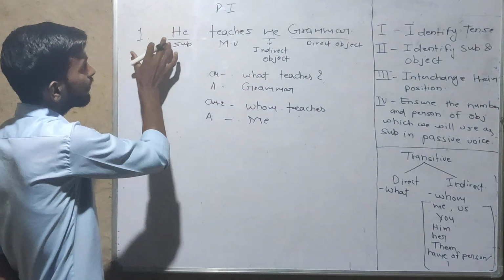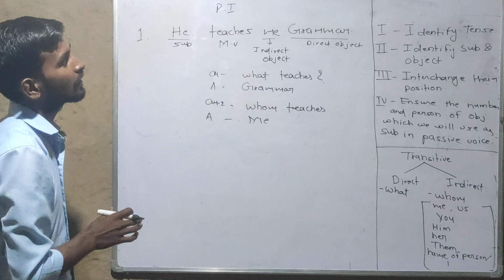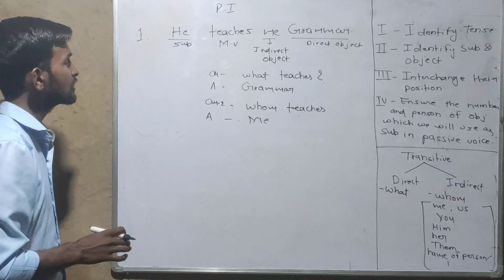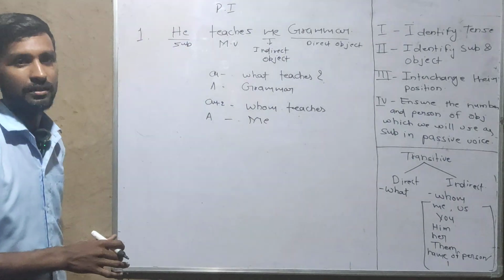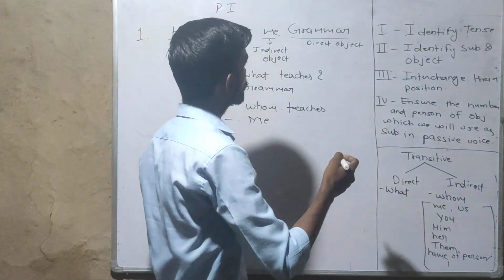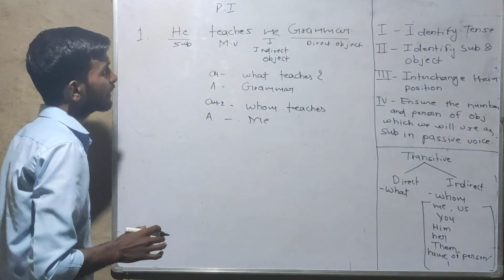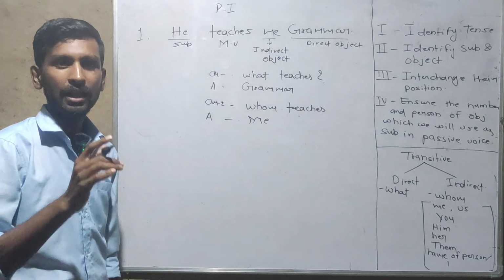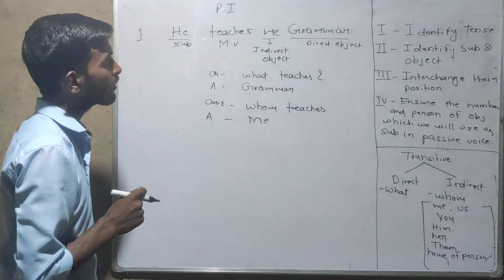Just like here I have written a sentence, "He teaches me a grammar." This is an assertive sentence. Now here the first step is identify tense, and to identify tense we have to look at the helping verb or main verb.